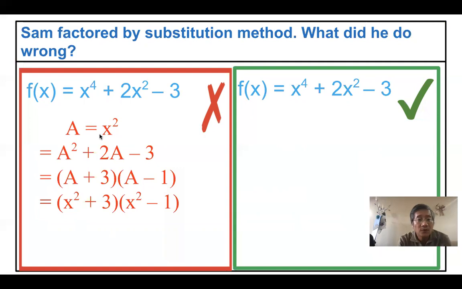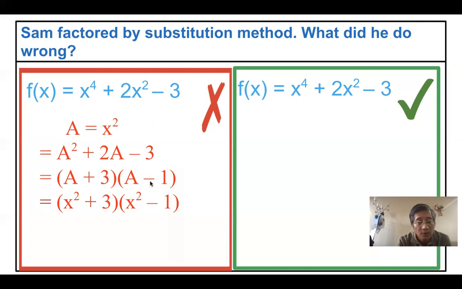So x to the fourth power, 2x squared minus 3. And fourth power is twice the second power, right? So we do the substitution. So x squared will be a, x to the fourth will be a squared. So a squared plus 2a minus 3. Up to here, no problem. And then you factor it. So by using the Kim's method, a plus 3, a minus 1, right?